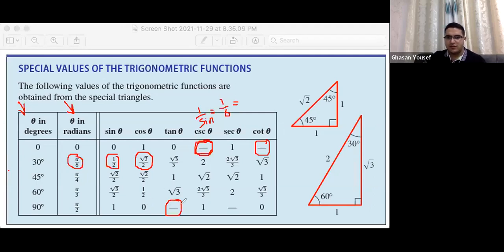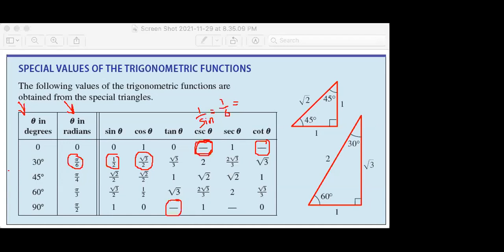For the cotan, here we don't have a value, but the cotan actually equals the cosine over the sine. The cosine is 0 over the sine is 1, so 0 over 1 is 0. So that means the cotan at 90 degrees has a value of 0.